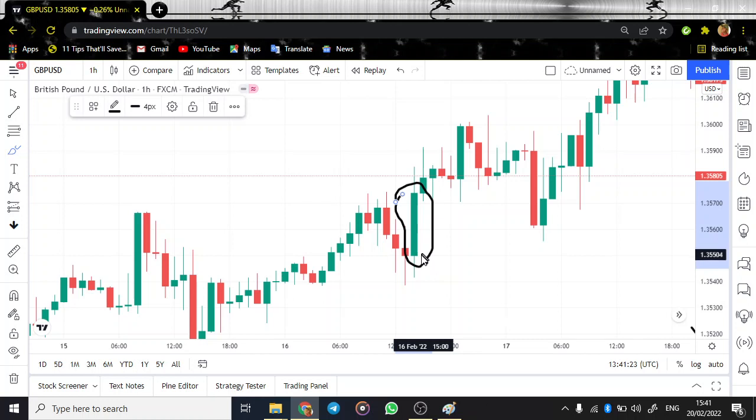So this candlestick opened at this price down here. This was the opening price of this candlestick. It opened and went lower to this level, meaning that it was once a red candlestick, but before its expiry time came, it went up above the opening price all the way up to this level up here.